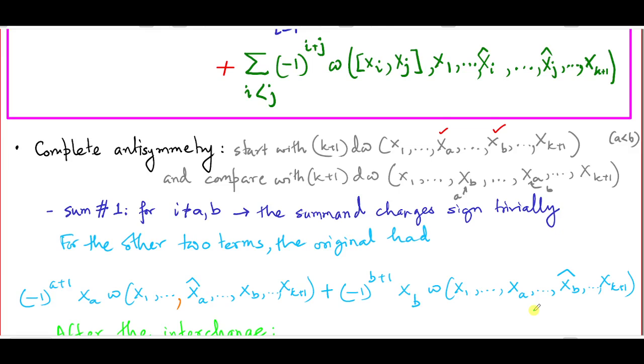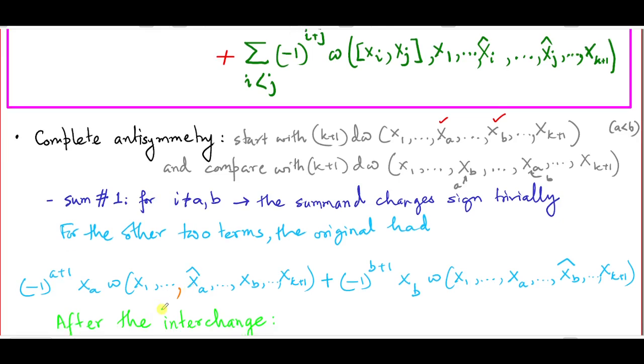And now we are going to compare this with what happens when we interchange the vector fields xa and xb. Note that it's only the vector fields which are being interchanged, not the positions themselves. So these labels, these numbers which depend on the actual position of the vector field being taken out, that does not change during the interchange.